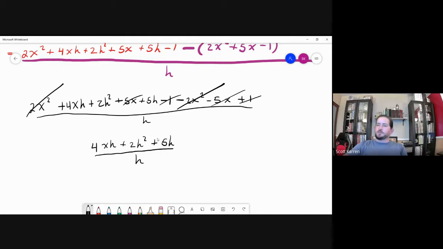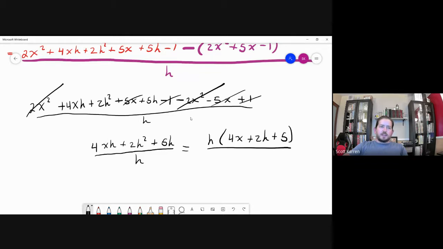Now what's awesome about this is there's an h in every single one of the numerator's terms, and so I can factor out an h. That leaves me with 4x plus 2h plus 5.